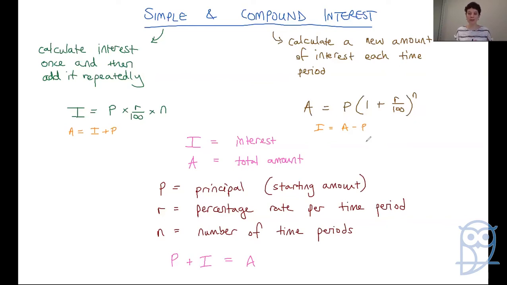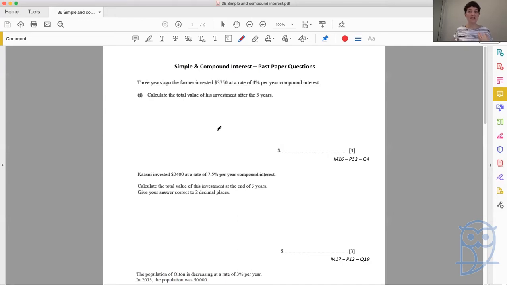Are we happy? Can we do some past paper questions to have a look at these? So let's have a look at how simple and compound interest come through in past paper questions.